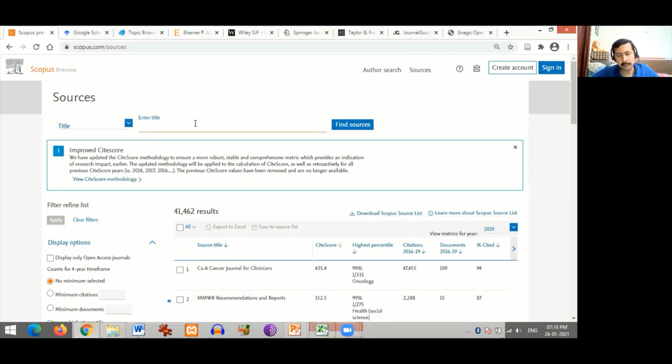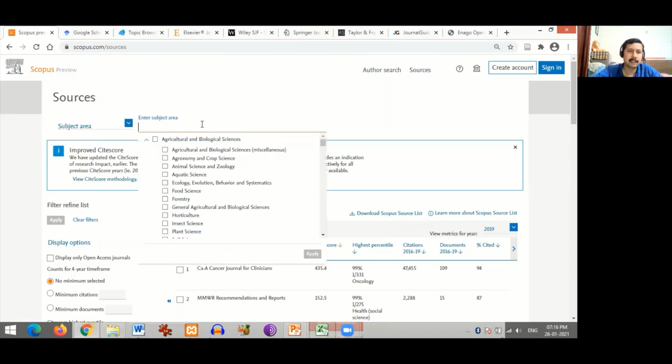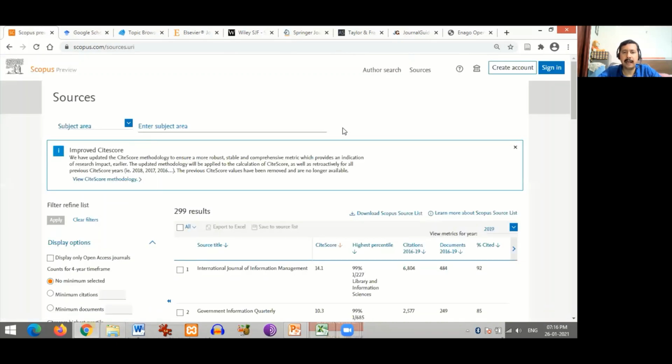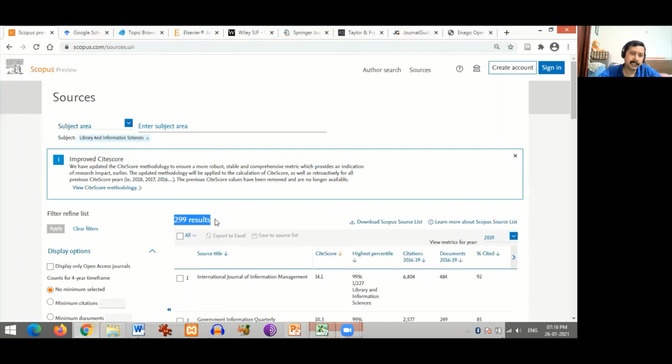For instance, I may go for my subject, library and information science, by selecting subject area, library and information science. It comes under social sciences. So if I place a tick mark here and click on apply filter, I'm seeing 299 results, meaning there are 299 Scopus indexed journals in the field of library and information science.